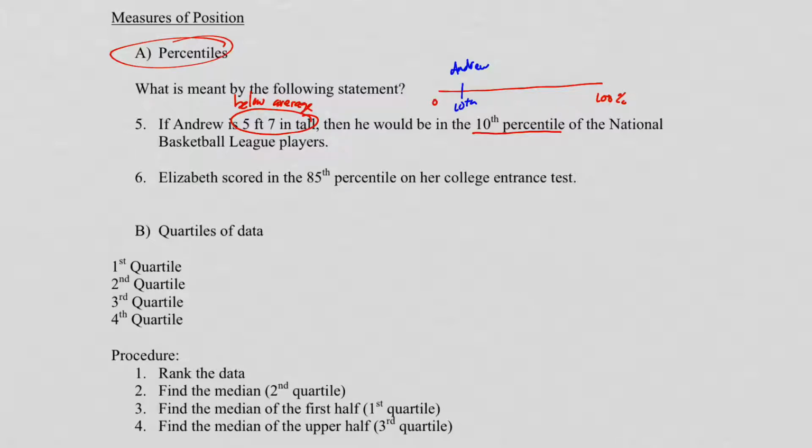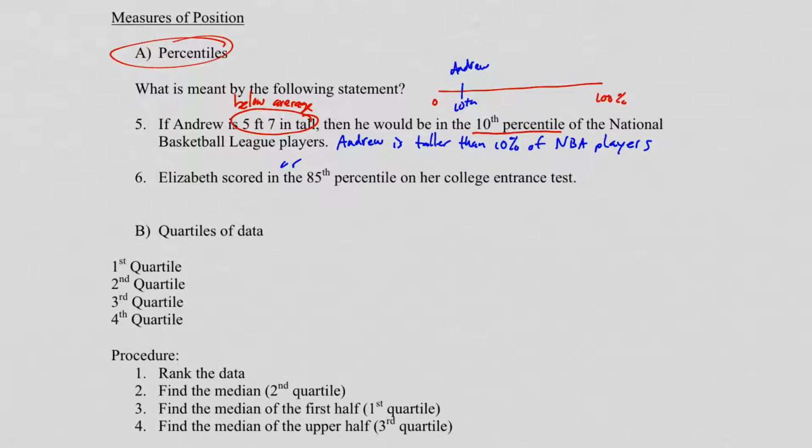So basically what this is saying is that Andrew is taller than 10% of NBA players.